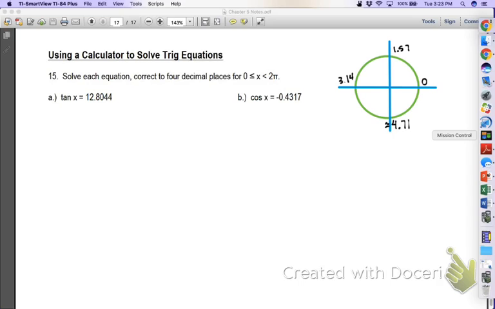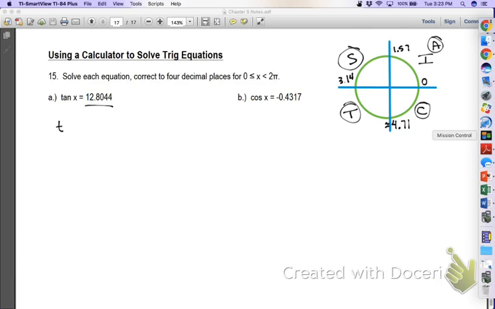Then all I'm going to do is take, because I need to know if it's positive 1 and where it's positive, so we have to go back in terms of quadrant 1, where everything is, cosine, tangent, sine. So then all I'm going to do is take this value.